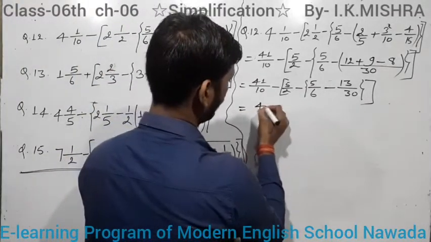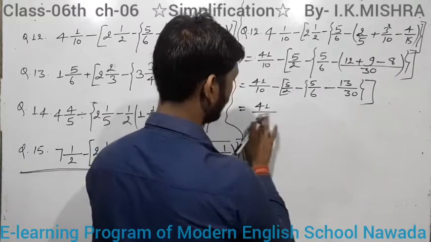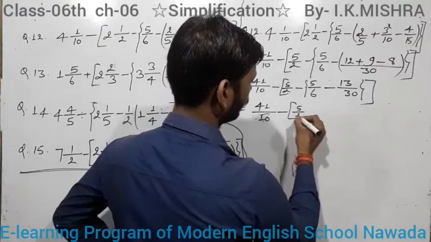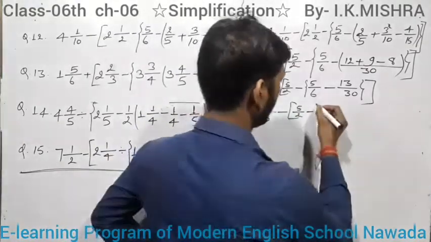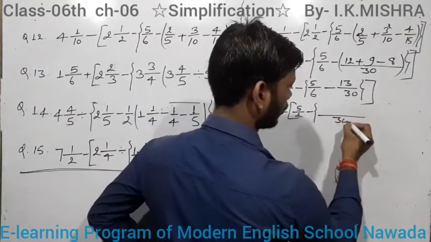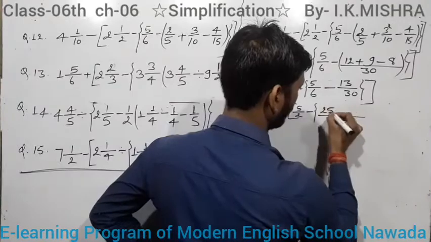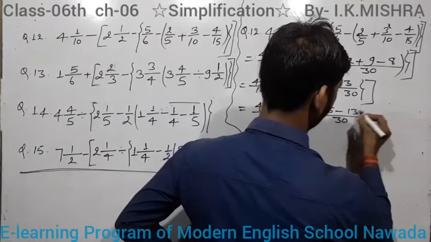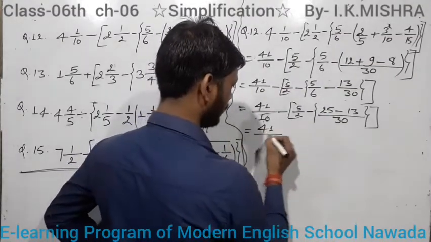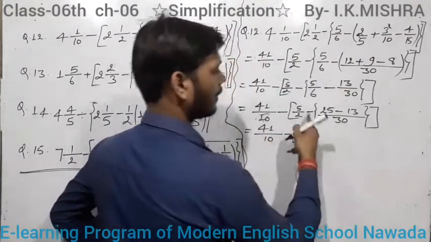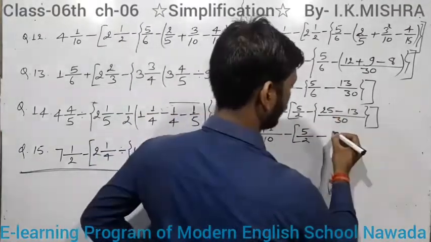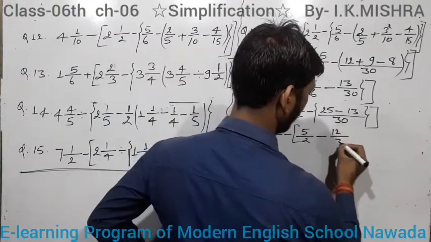Now 41 by 10 minus 5 by 2 minus, students, do the operations in this bracket. Here LCM is equal to 30, and here 25 minus 13. After that, students, 41 by 10 minus 5 by 2 minus, do the operations here, 12 by 30.